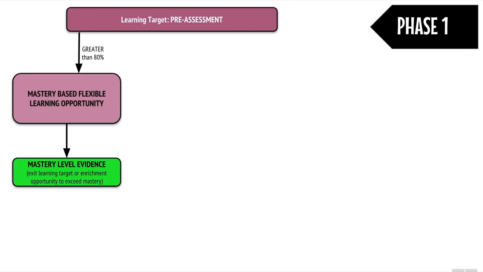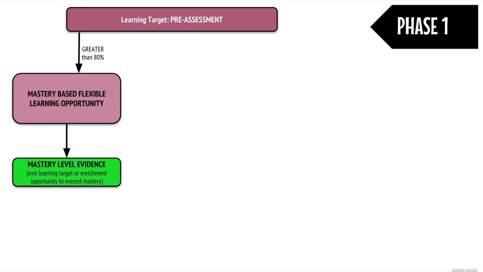Now, at that point in time, Emily could exit the learning target and move on to the next learning target. Or if the learning target had an opportunity for exceeding mastery or enrichment opportunities, Emily could go deeper into the standard.